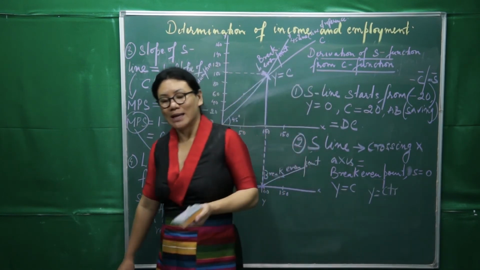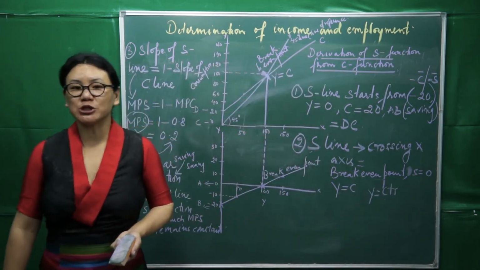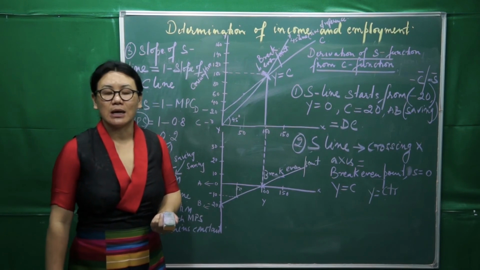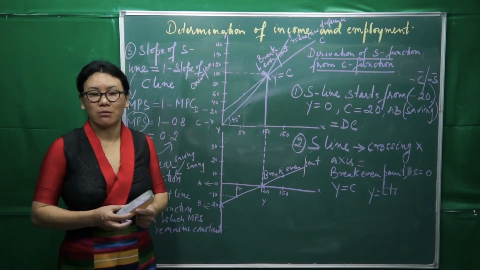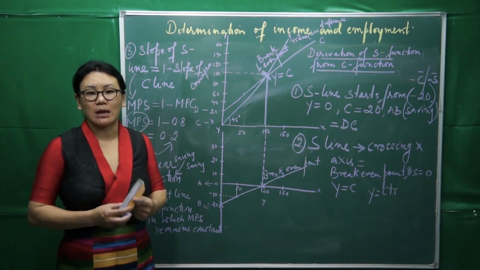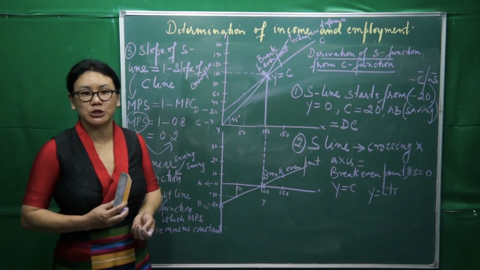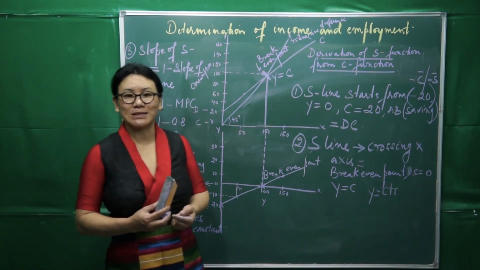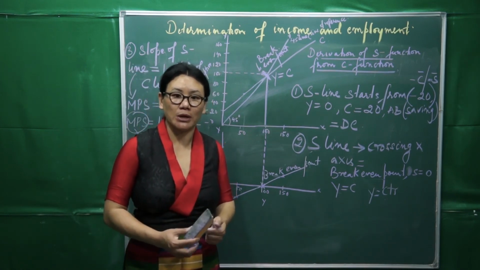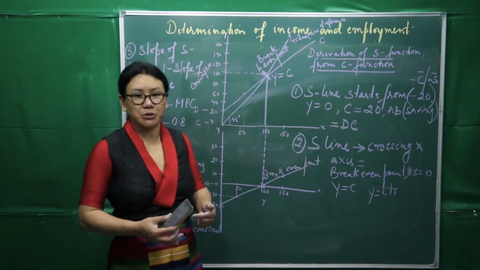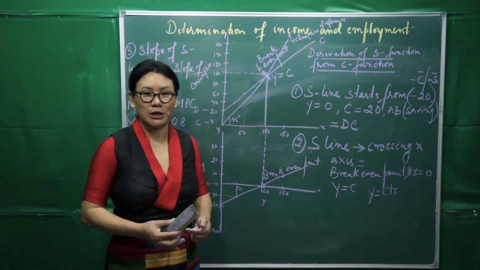Next one, I said saving function. What is this saving function? Saving function shows a functional relationship, which means a mathematical or algebraic relationship in equation form, that I have shown here.